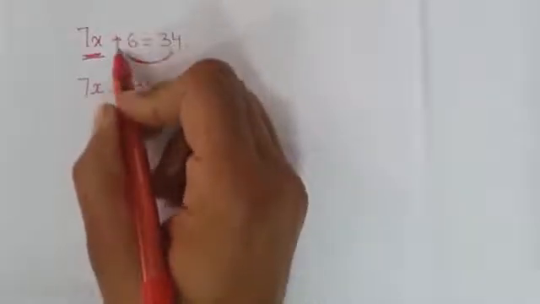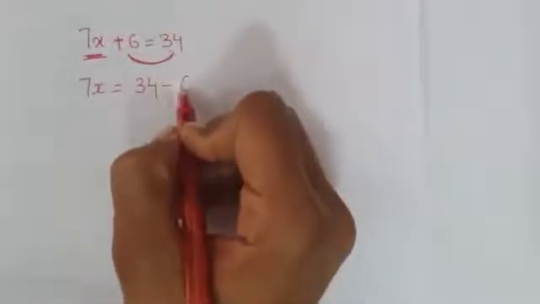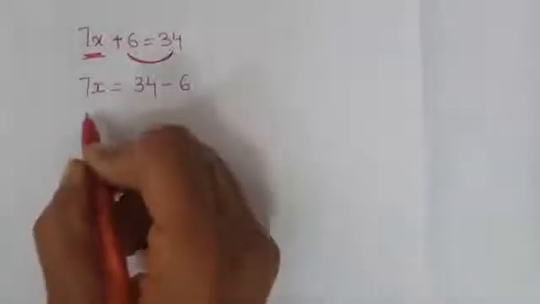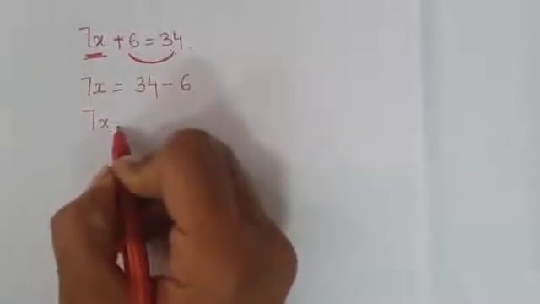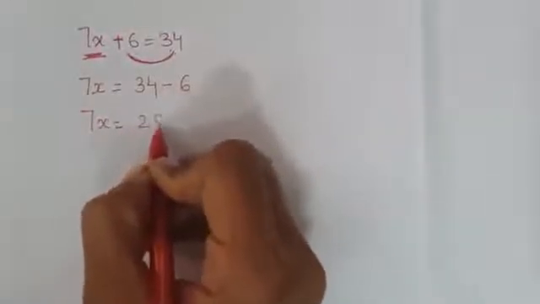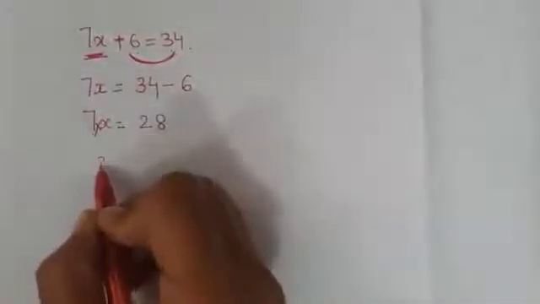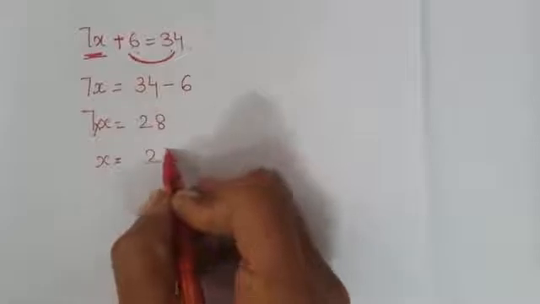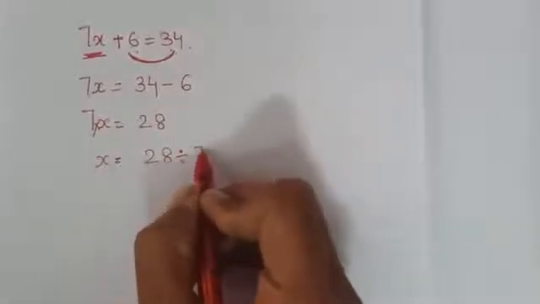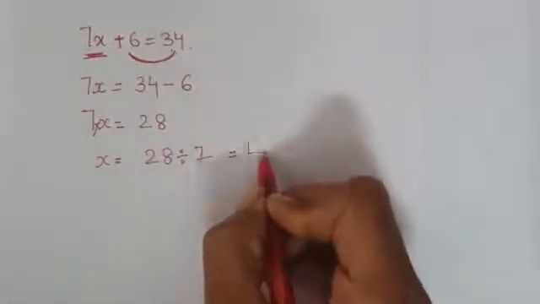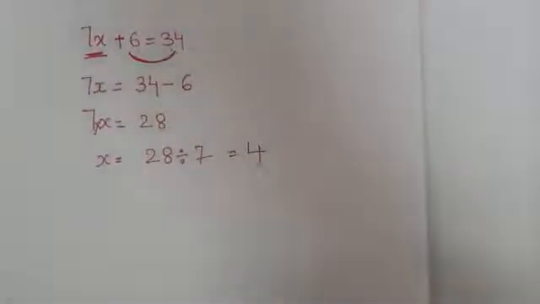Plus sign is here. It will change into negative. So now 7x will be equals to 28. 7 is getting multiplied here. So it will shift to that side and it will get divided. So what we get? We get 4.